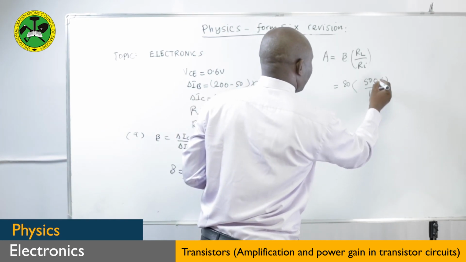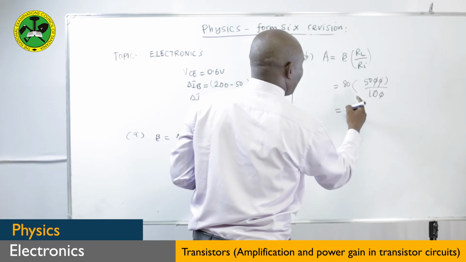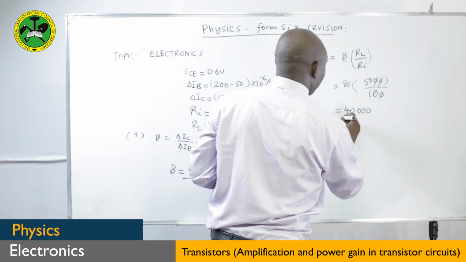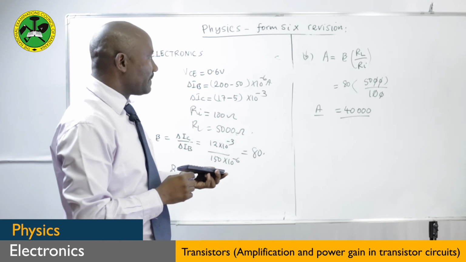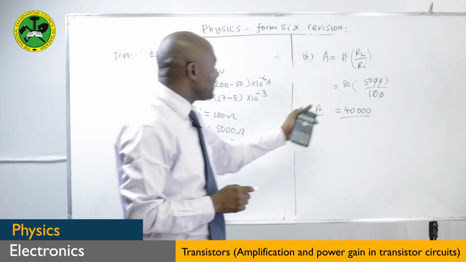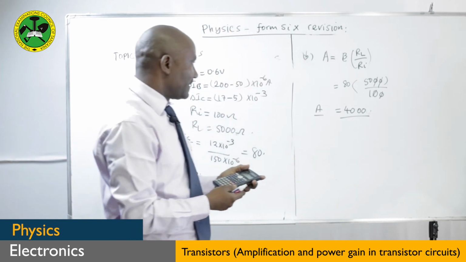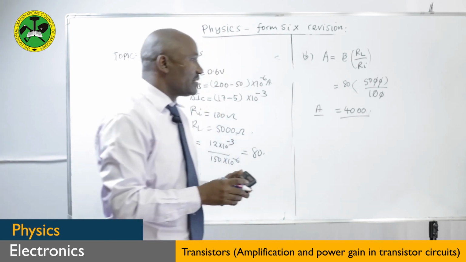So two zeros cancel, and we get 40 and then you add two zeros. It's 4,000. So that is how you can find the voltage gain.